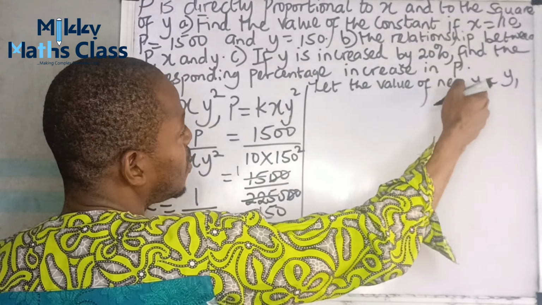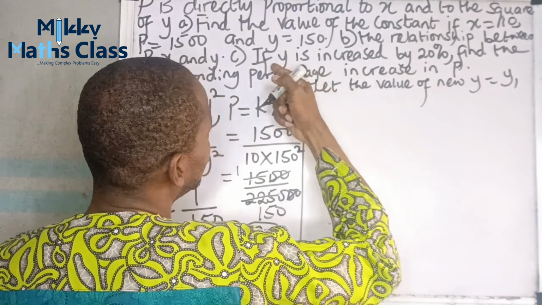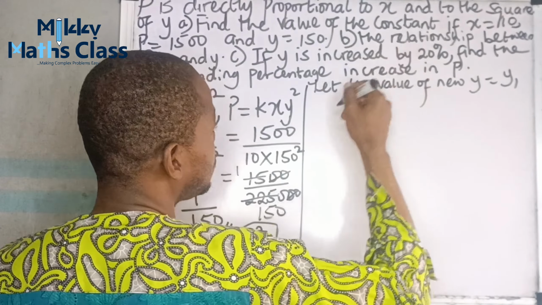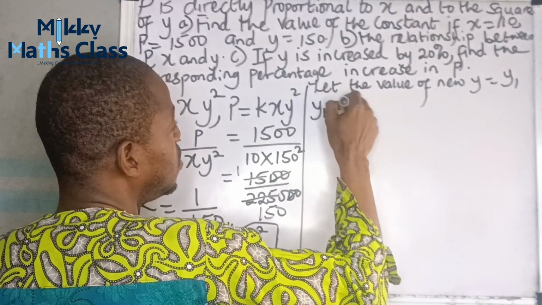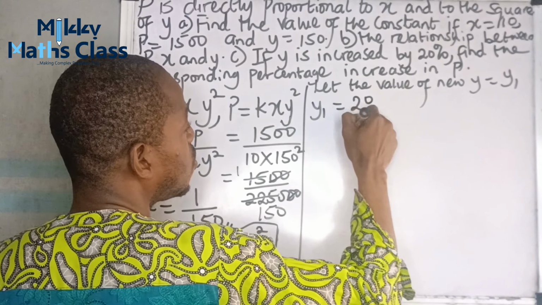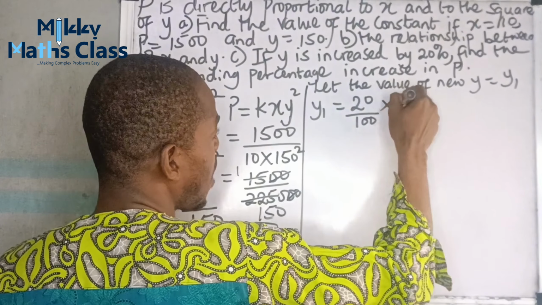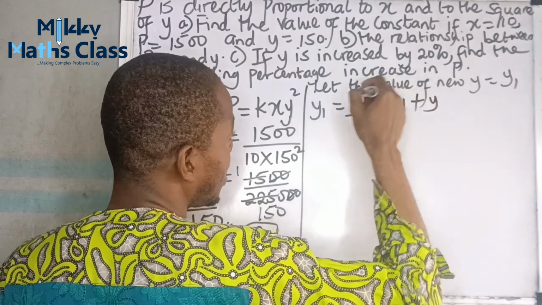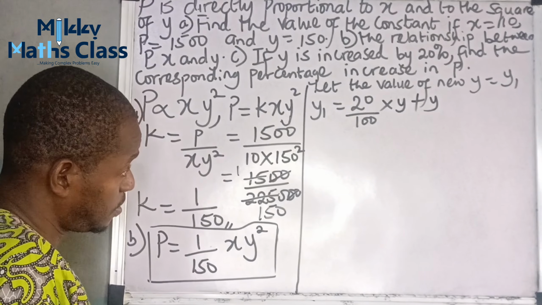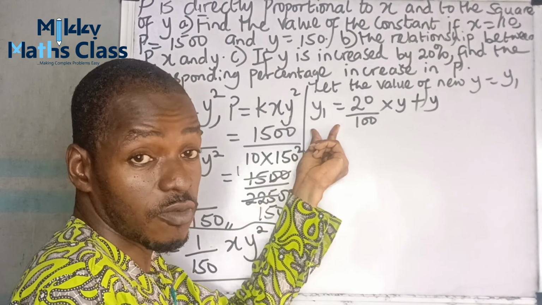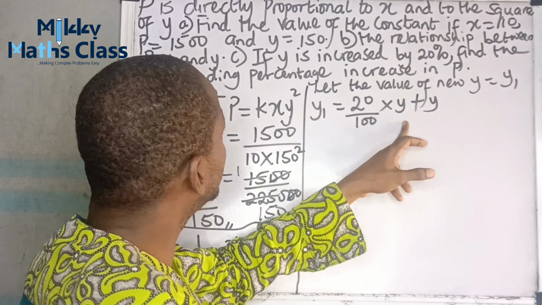So this Y1, the value of this Y was increased by 20%. That means our Y1 is equals to 20 over 100 of the value of Y plus Y. So that's the new value of Y1. Our Y here was 150.